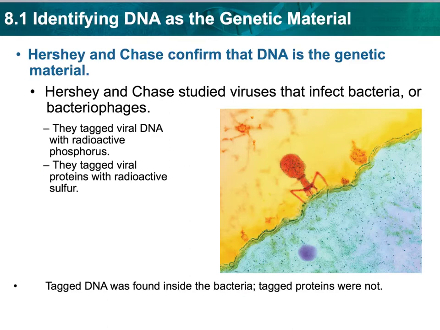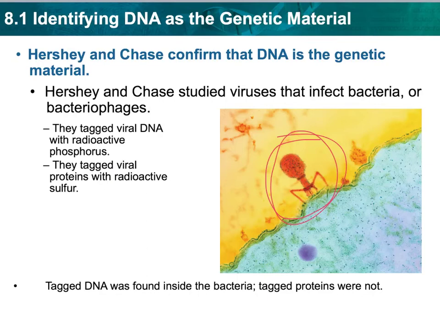So what you see here in this picture is a little virus that is attacking a bacterial cell. It's kind of cool. They look like little spaceships that come in and land on the cells, and they literally inject their viral DNA or RNA into the cell. And what Hershey and Chase did was they tagged the viral DNA with a radioactive phosphorus.